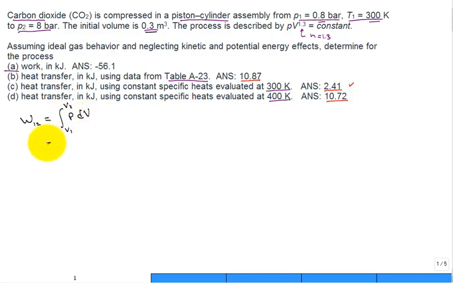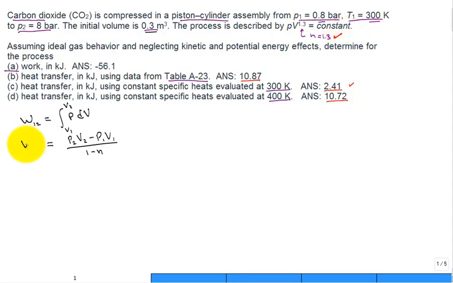And for that polytropic process, we've worked this out before. You calculate that the final pressure times the final volume minus the initial pressure times the initial volume, divided by 1 minus that polytropic exponent on the volume. For this problem, that N is 1.3.